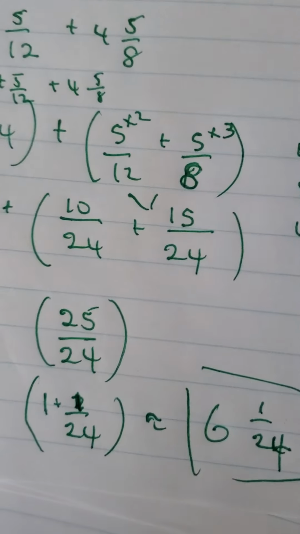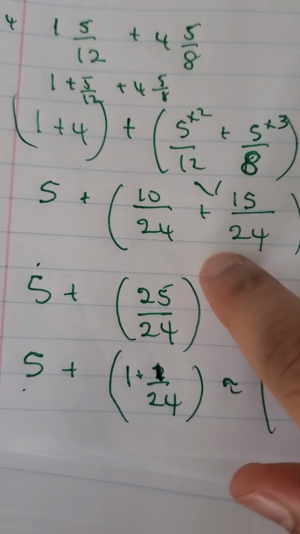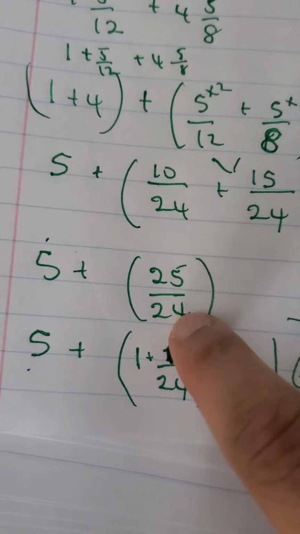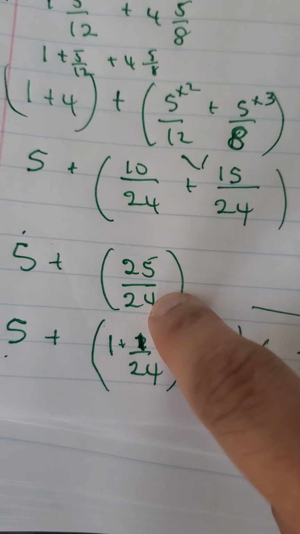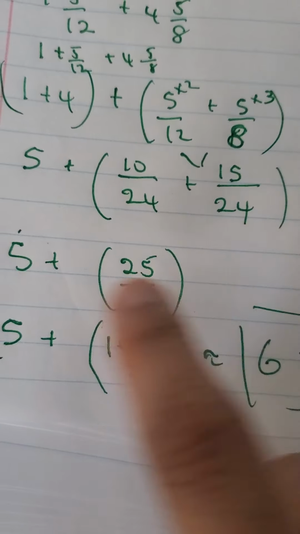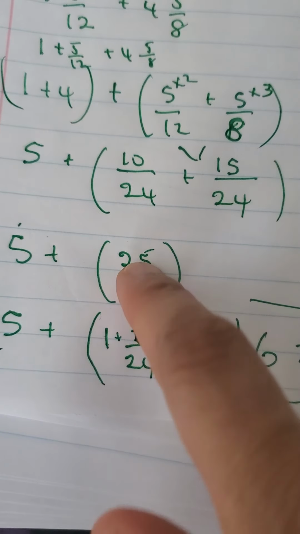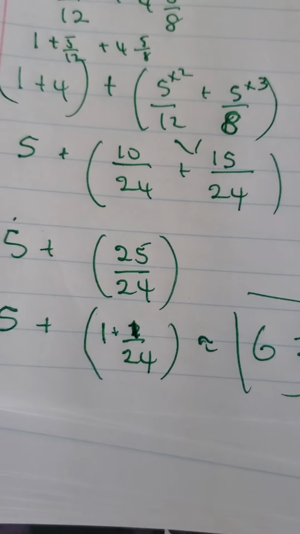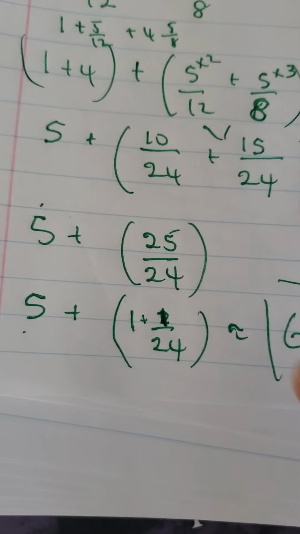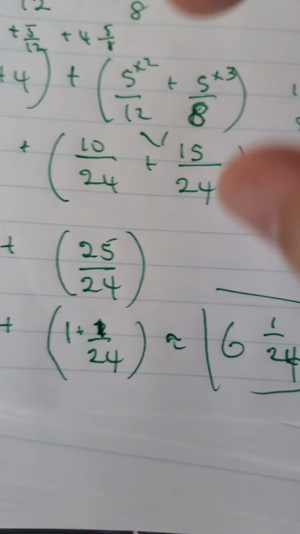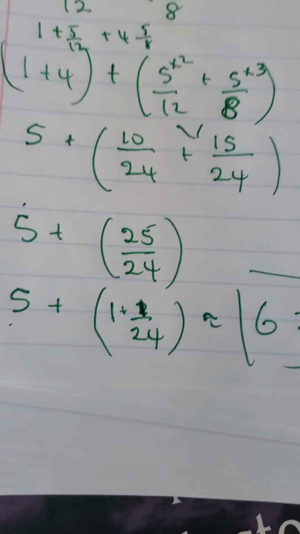One of the reasons why I don't like showing this method is because of what happens here. Sometimes if you get a proper fraction where the numerator is smaller than the denominator, you can go right away into saying 5 and, let's say, 2 over 24, 3 over 24, which you have to reduce if it was those numbers. However, when you get an improper fraction, you have to convert that into a mixed number and then add it to the whole number.